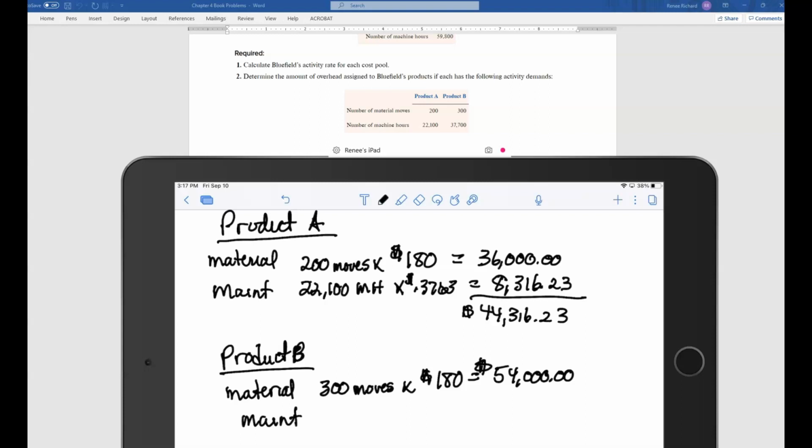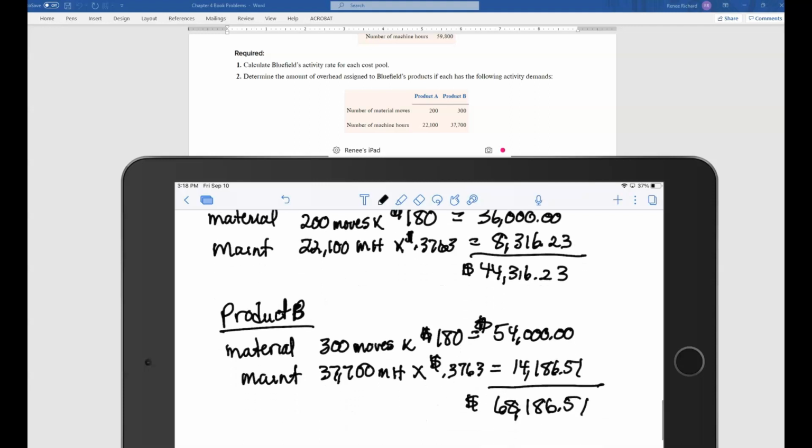Product B has 37,700 machine hours, and it was 0.3763 per machine hour. That gives us $14,186.51 for a total of $68,186.51. So that's assigning it under ABC.